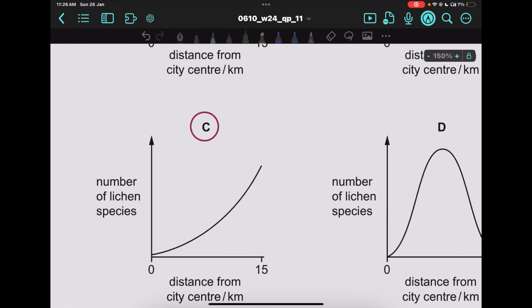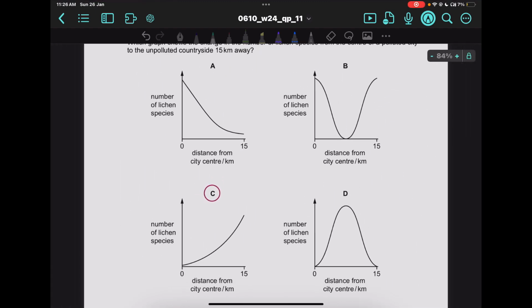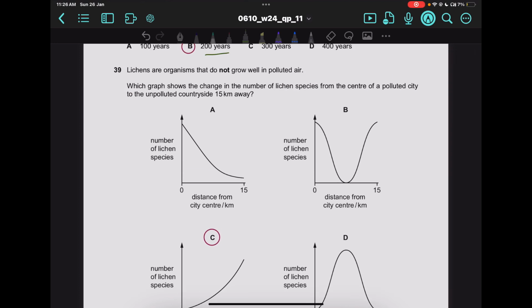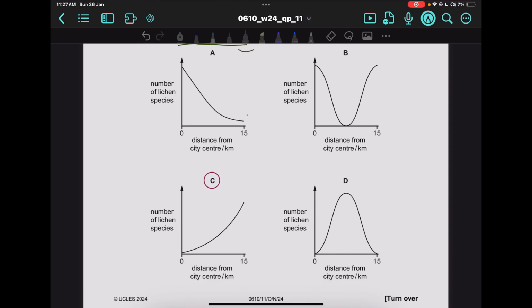So the number of lichen species over here, it shows that they have to go to unpolluted countryside 15 kilometers away, which means that they have to be at their highest at 15. So this is incorrect because it shows that they are at their lowest at 15, and this one shows it has to be a gradual increase, like either it is going down or going up.